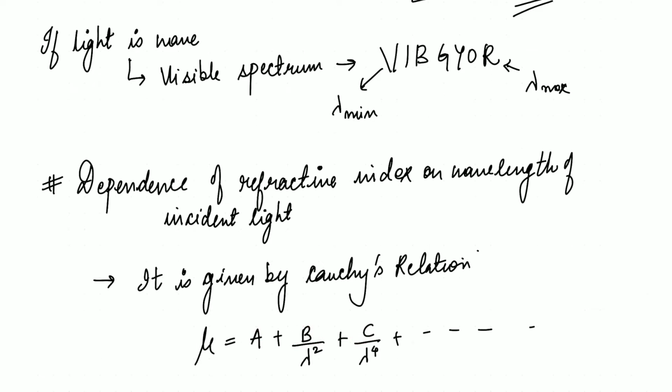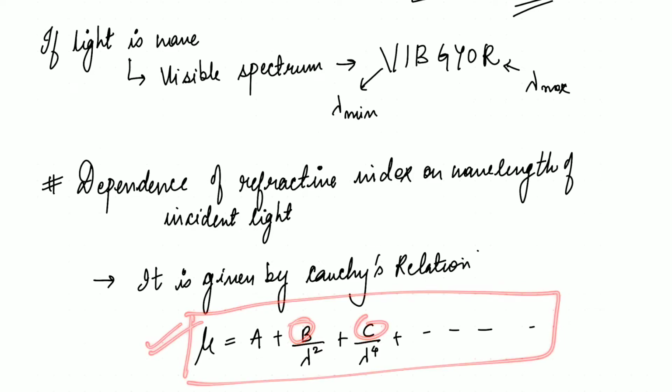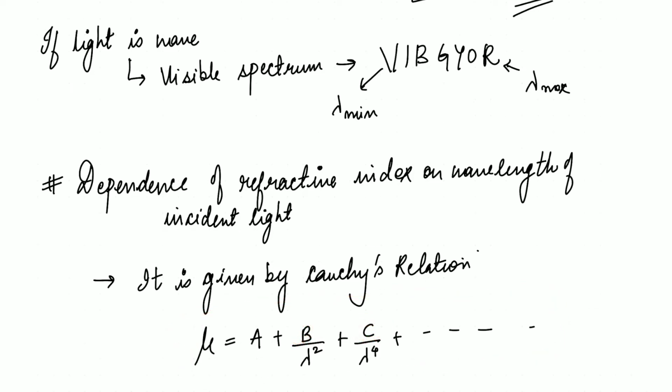If you look very closely, you'll see your refractive index is basically inversely proportional to your wavelength. Can you guys see that? Do not go into the details, but from this relation I can do a simple estimation that your refractive index is inversely proportional to the wavelength. So what does this mean?